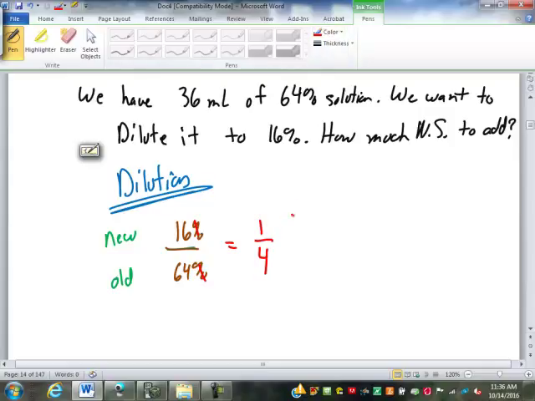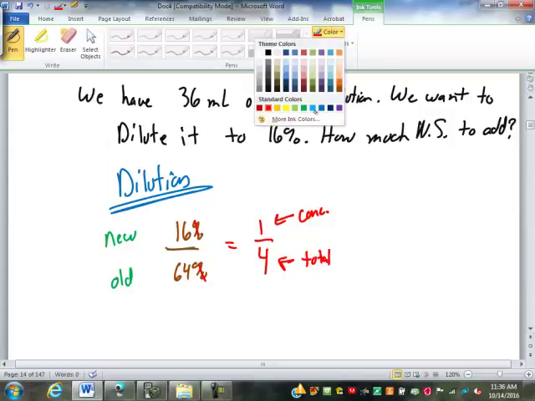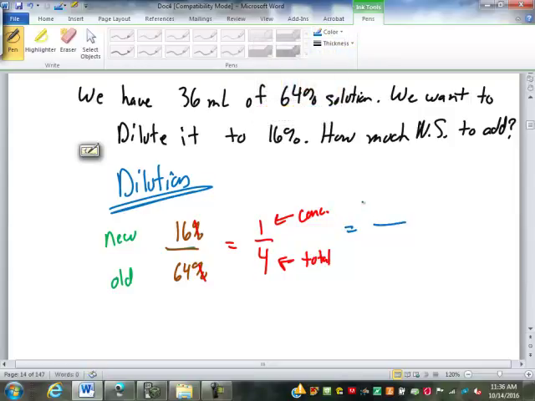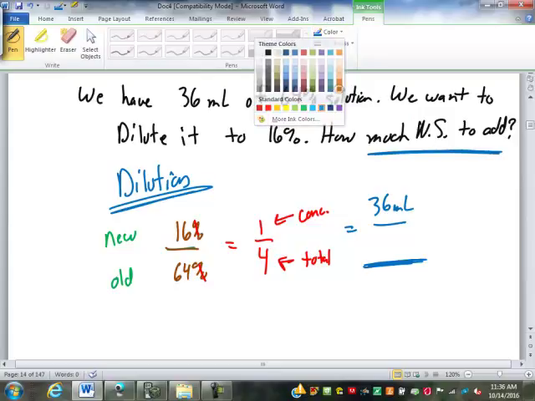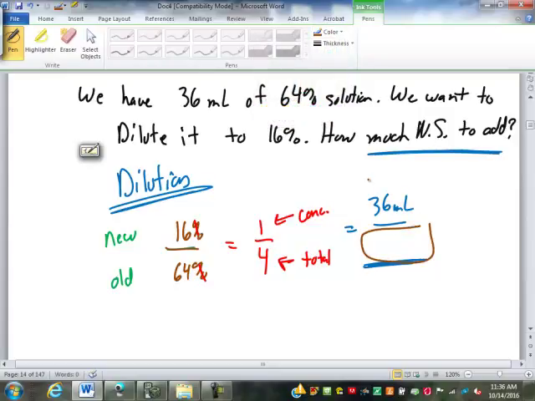Now, if we're looking back at that as a dilution, remember the 1 is the concentrate, and the 4 is the total solution. We know how much concentrate we're going to use. We're going to use the 36 milliliters. But we're not looking for the total solution here. We're looking for the amount of NS, of sterile water. So we can go ahead and find this total and subtract. Or I can adjust this ratio to be a 1 in 3 ratio.